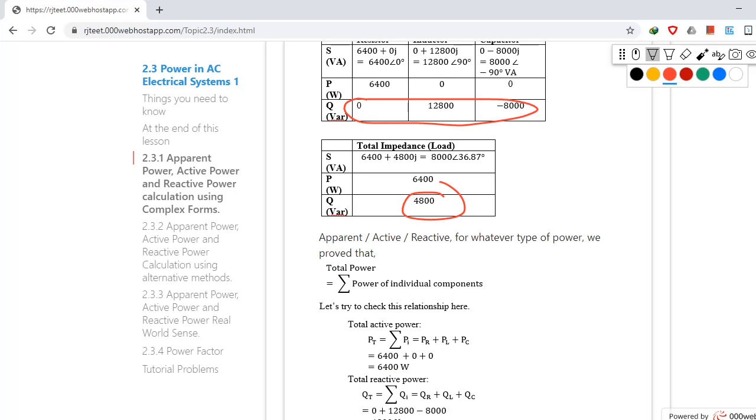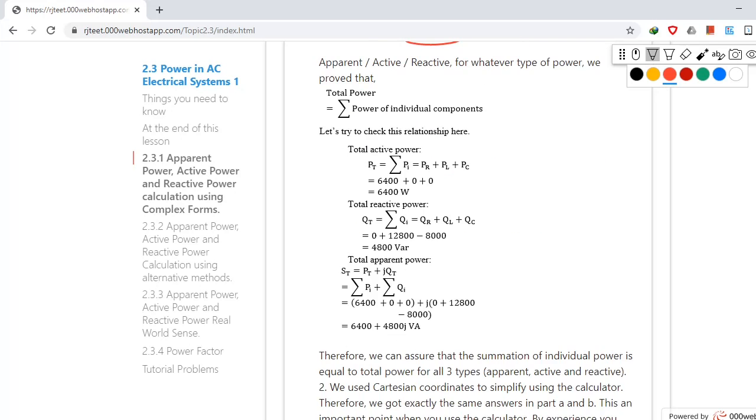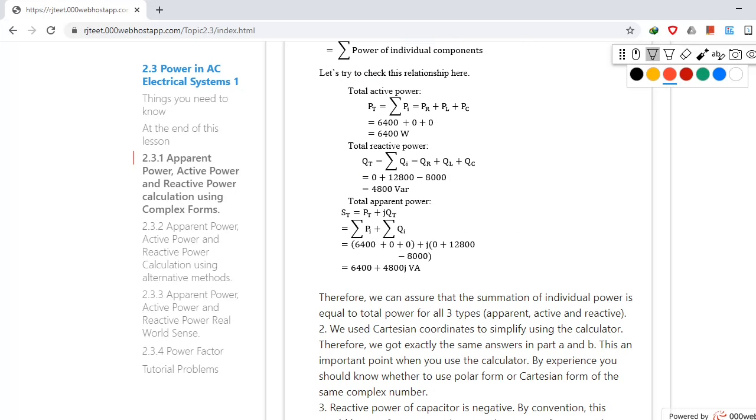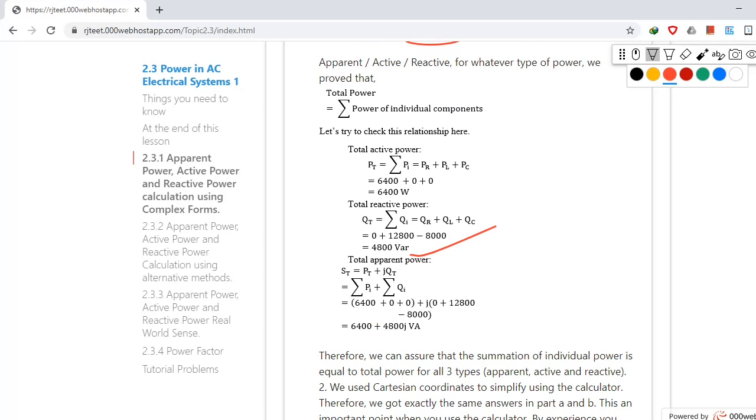So 12,800 minus 8,000 is going to be 4,800, right? So it's correct. And at the end, you can clearly see your total apparent power is the total active power plus the total reactive power as the imaginary part, right?